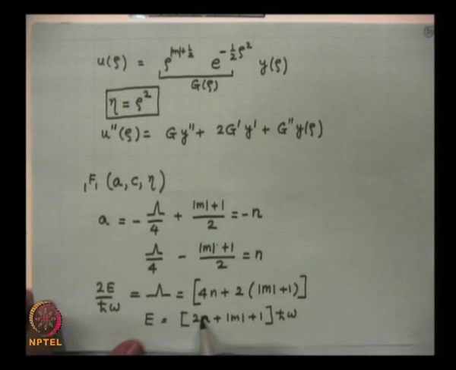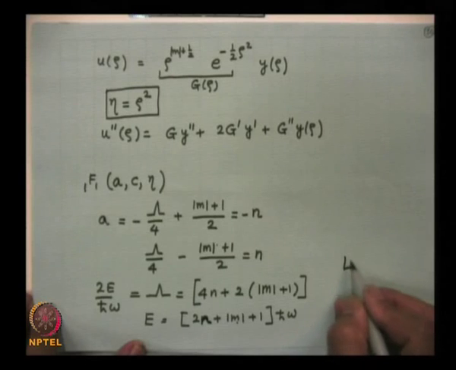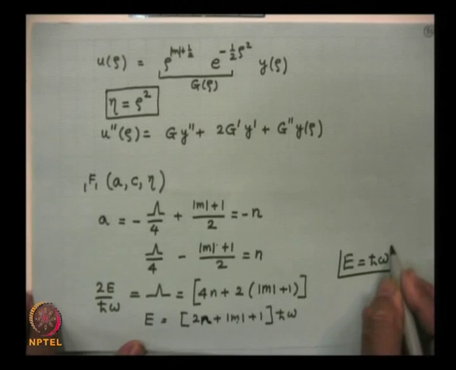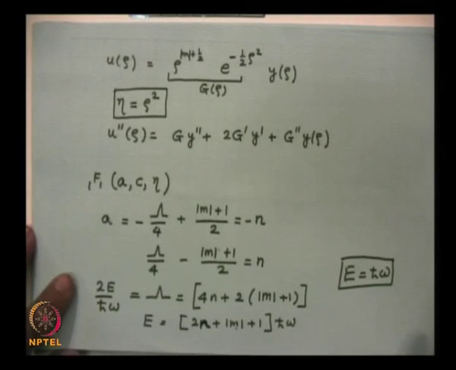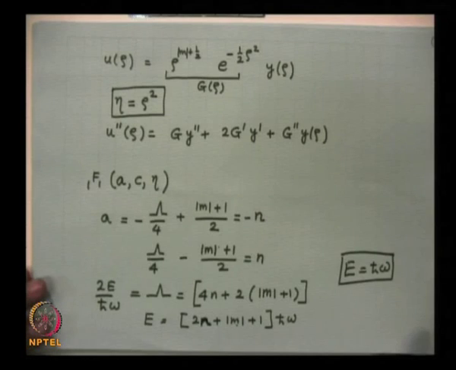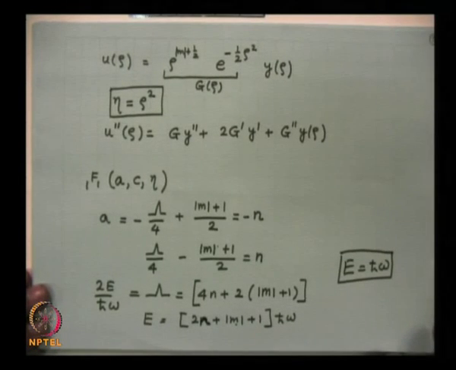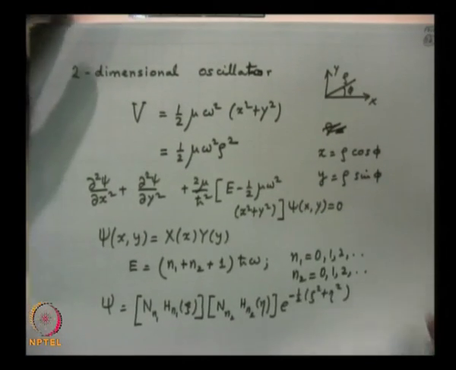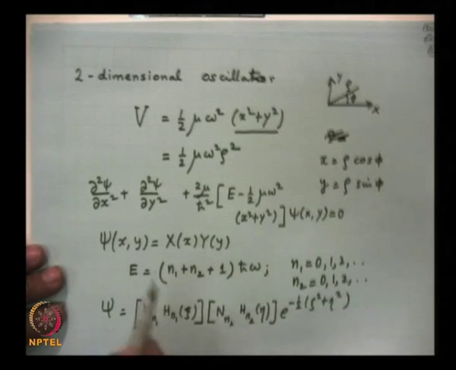So, if n is 0, m is 0, then you have the ground state energy eigenvalue as we had obtained earlier. But these solutions are of extreme importance in considering the effect of the magnetic field. To summarize, we have considered a 2-dimensional oscillator.